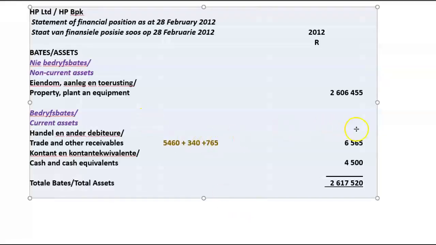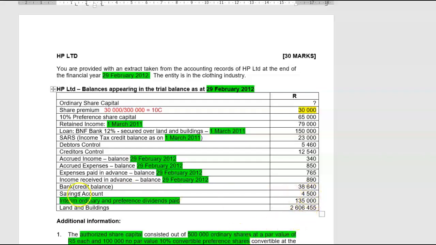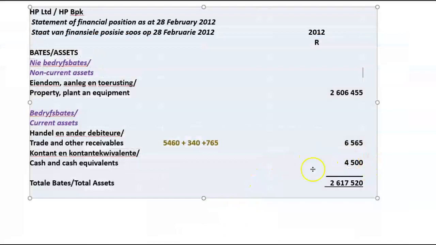If you add that all up, that gives you total trade and other receivables of 6565. If you have listed it here, 0 marks. You know that you have to group it together. Then cash and cash equivalents. That is only our savings account of 4,500 because we had an overdrawn bank balance.